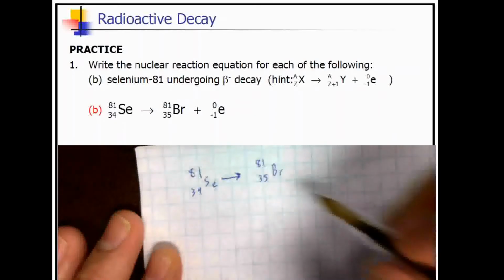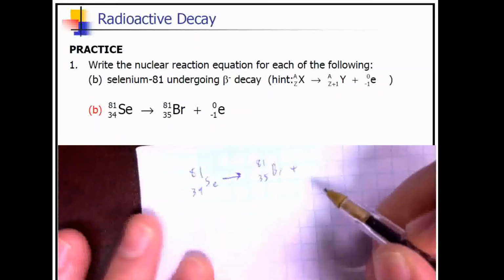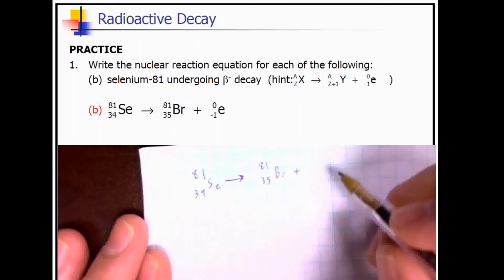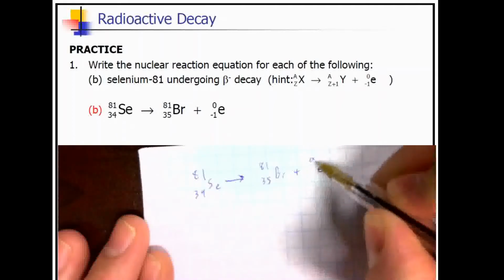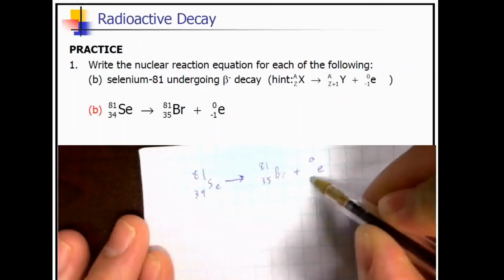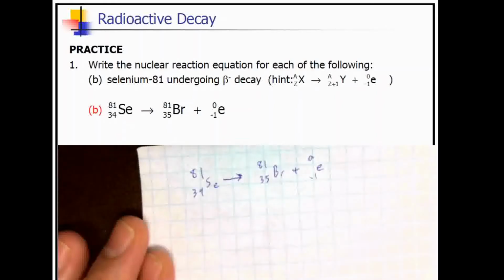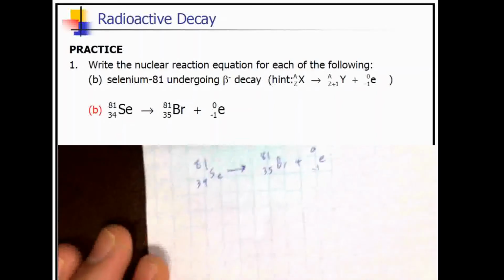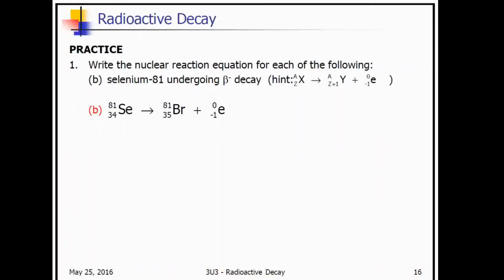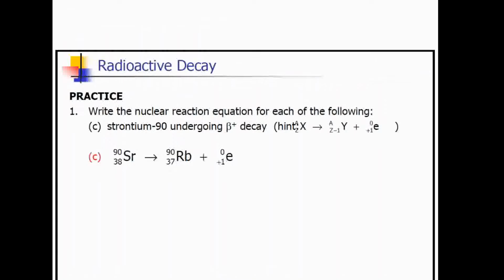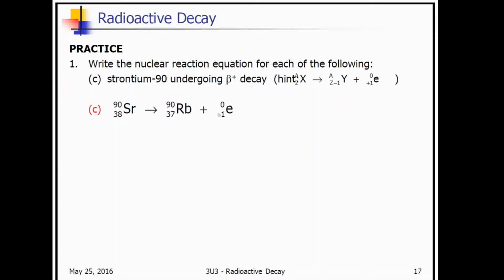Next, I have to write my beta negative, or my beta particle, which in this case is an electron. So an electron is represented with a 0 for its mass and a -1 for its atomic number. I don't know if that helps with me writing it down like that, but the next question we'll go through: strontium 90 undergoing beta positive decay.